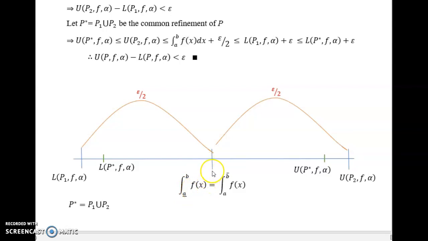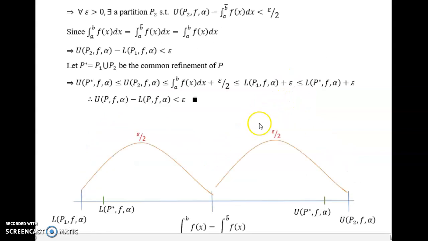So we can see here, hopefully, that the lower integral minus the lower sum would be less than this epsilon over 2. Same up here with our upper sum minus our upper integral, less than epsilon over 2.